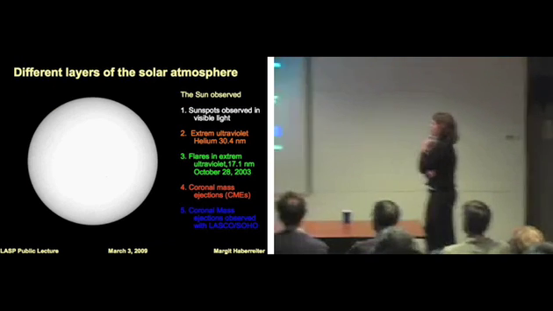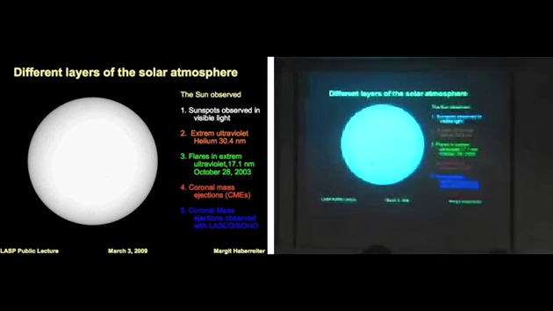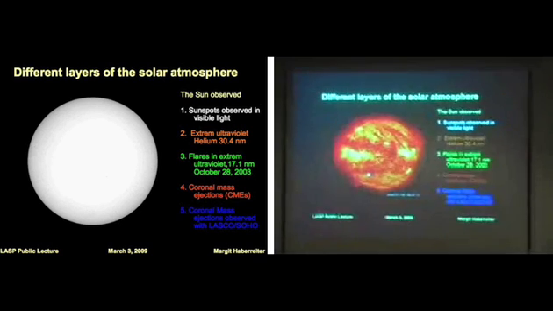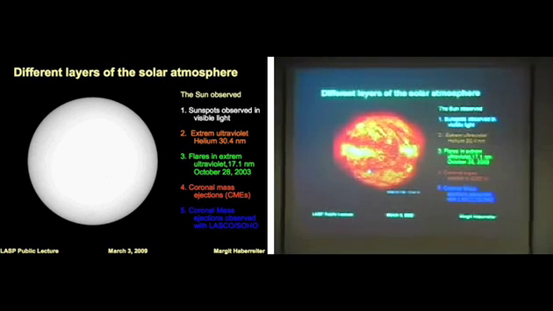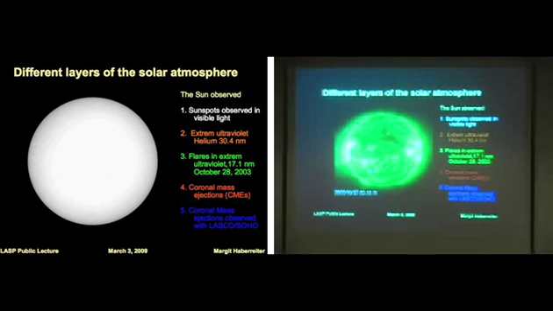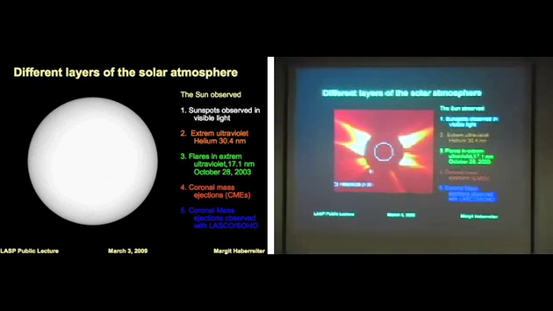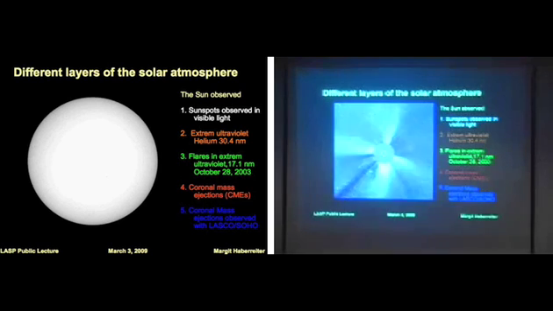Okay, and to give you maybe an impression of how the sun looks in different wavelength ranges, we've just seen the sun in white light, how it changes and how dynamic it is. Now this is an EIT image, and we just saw a flare going off. And these features are called coronal mass ejections.